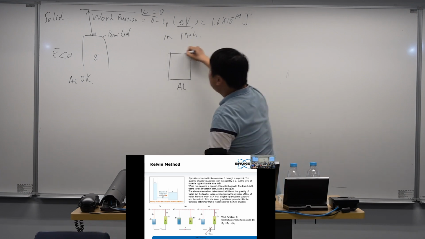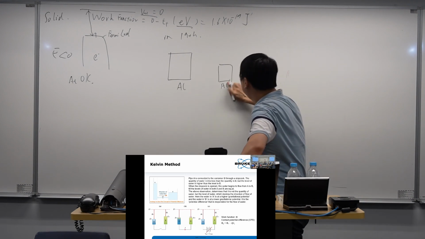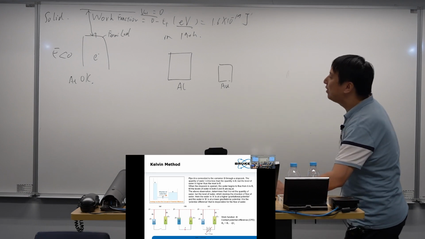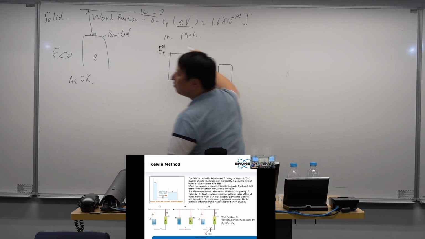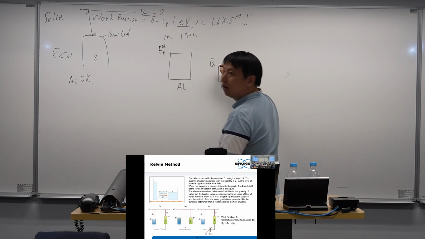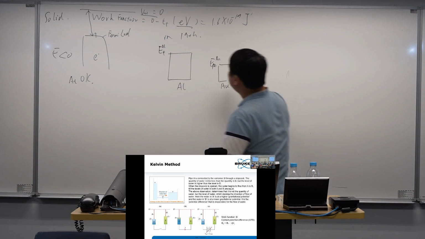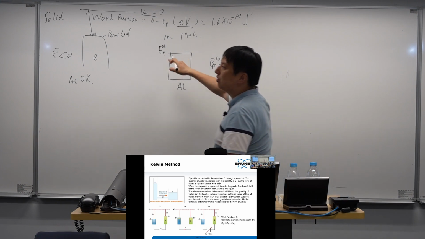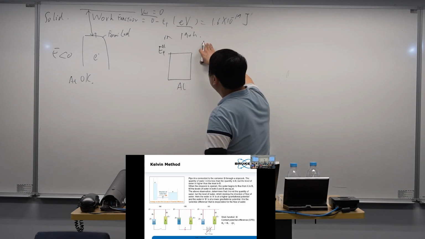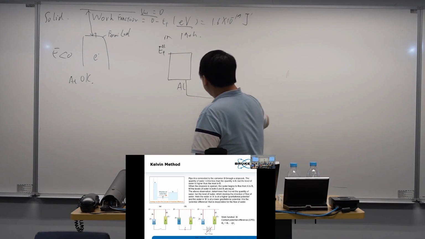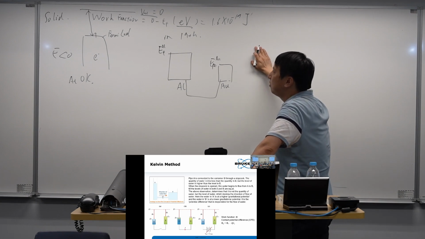Today we already know aluminum is more active than gold, which means the Fermi level in aluminum is higher than the Fermi level of gold. That means this electron is more active. It can be popped out, right?